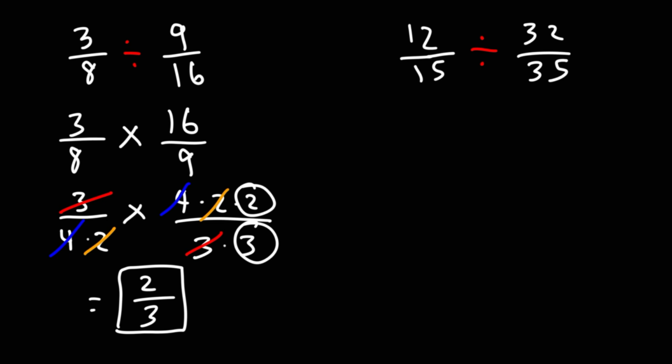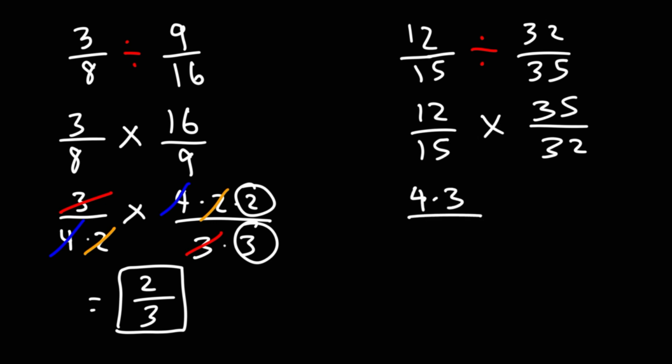Now, for the next example, let's do the same. Keep, change, flip. Let's keep the first fraction the same, change division to multiplication, and flip the second fraction. Now let's multiply using the cancellation method. 12, we could break down into 4 and 3. 15 is 5 and 3. 35 is 7 and 5. 32, we can break into 8 and 4.